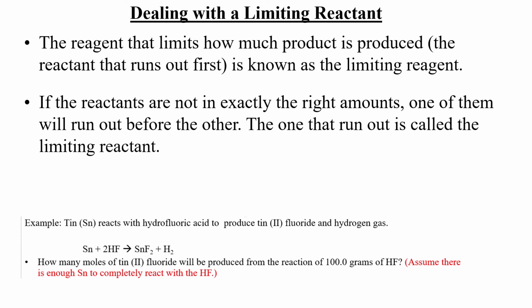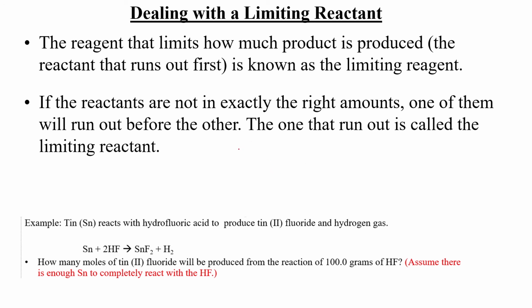The reagent that limits how much product will be produced is known as the limiting reagent or limiting reactant. It happens that sometimes the reactants are not in exactly the right amount or in a balanced fashion, and one of them will run out before the other one. The one that will run out is called the limiting reactant.